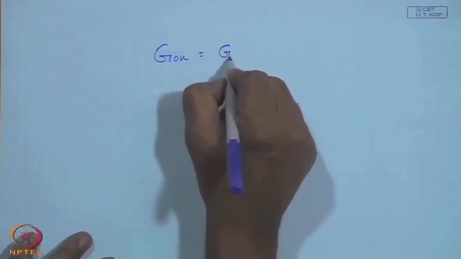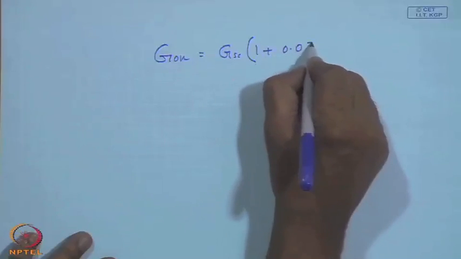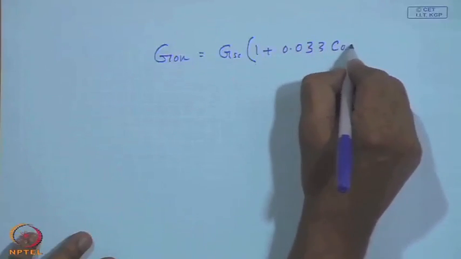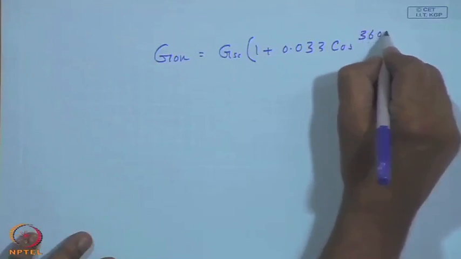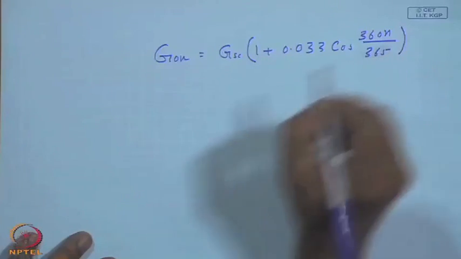So, we just had the simple relation G_on = G_SC (1 + 0.033 cos(360 n/365)).